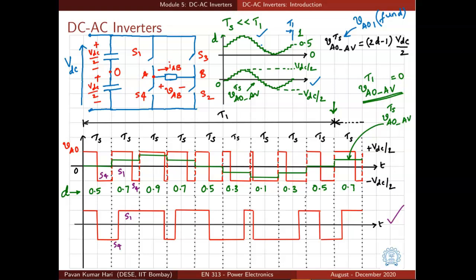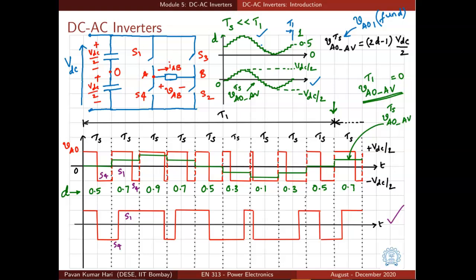In fact, we save two switching transitions, because S1 has to be turned on and S4 has to be turned off. So those transitions are saved. Similarly, we can save switching transitions at each border of consecutive TS cycles. So even the second waveform shown here in red will have the same average value VAO average over TS, but it involves a lesser number of switching transitions and thus lower switching loss.